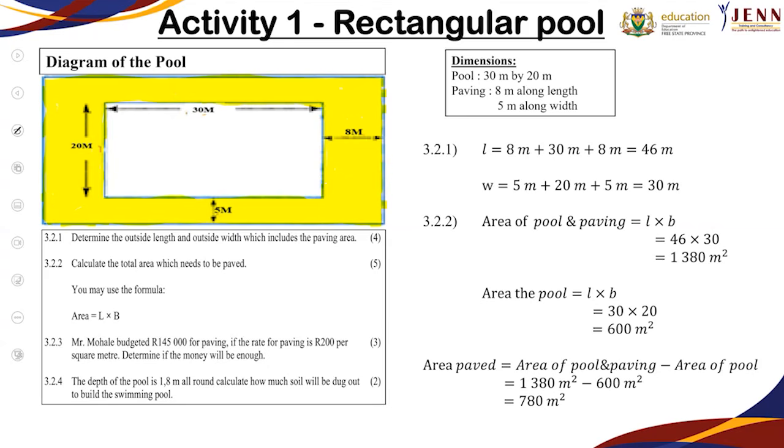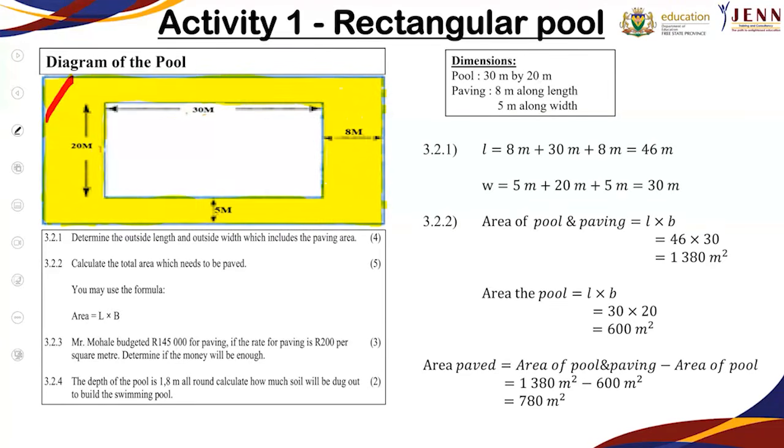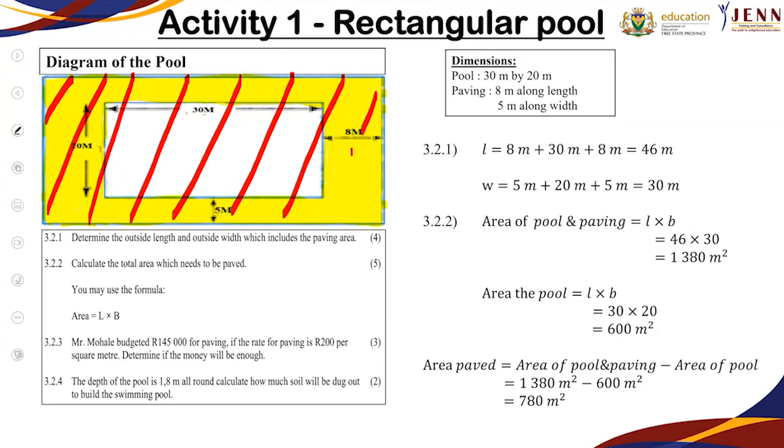What I can do is find out what is the area of the pool and the paving, the whole pool and the paving, because we've got that. Didn't we get it? We had said the length was 46 meters.